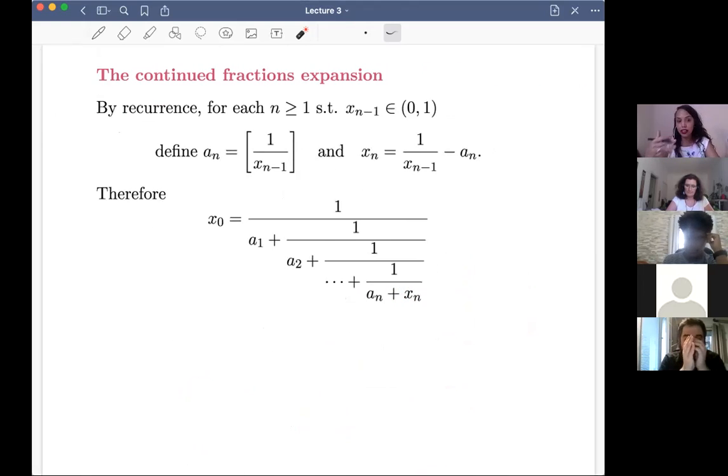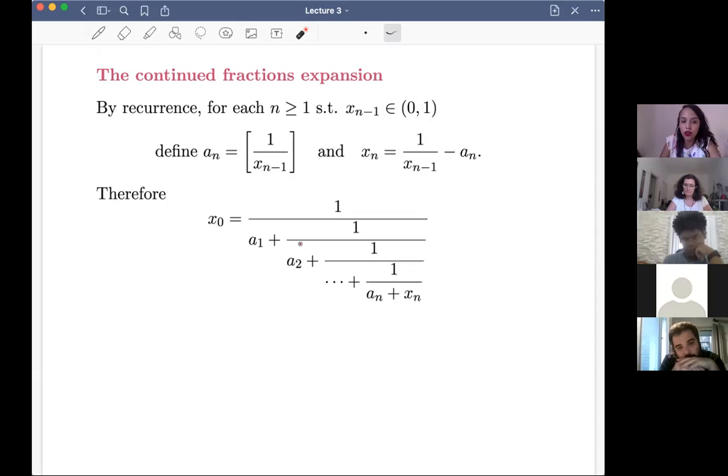If you find an xn equal to 0, you stop the process, and your process is going to be finite. If you don't find any xn that is 0, you can continue the same process by recurrence. So you define xn minus 1 to be a number between 0 and 1, and an is simply, again, the greatest integer smaller or equal than 1 over xn minus 1. xn minus 1 is not 0, so you can divide. xn is going to be 1 over xn minus 1 minus an.